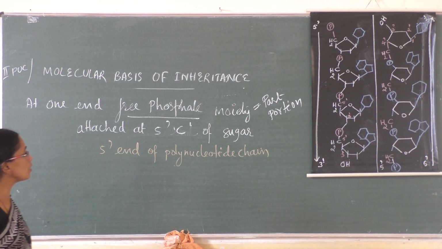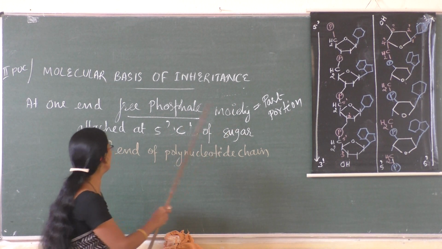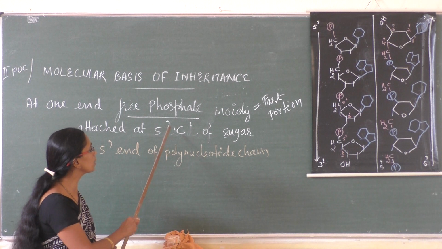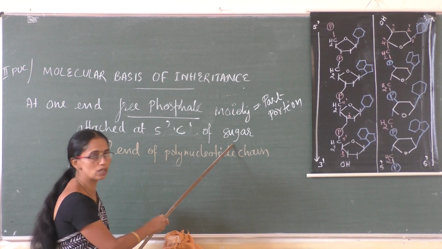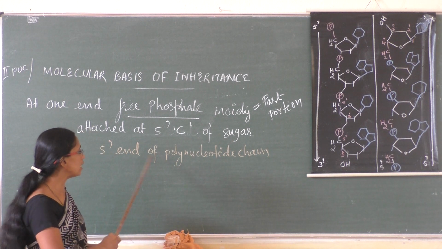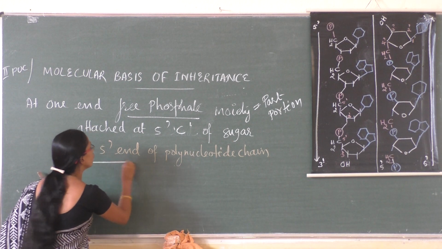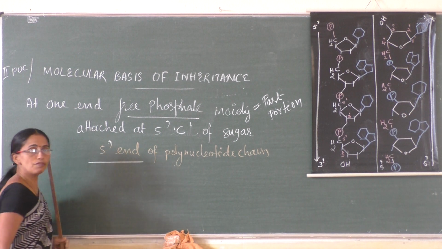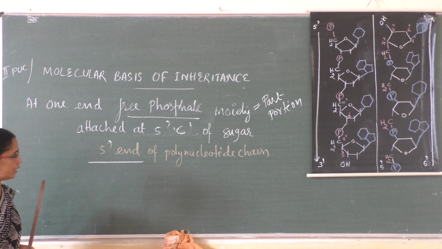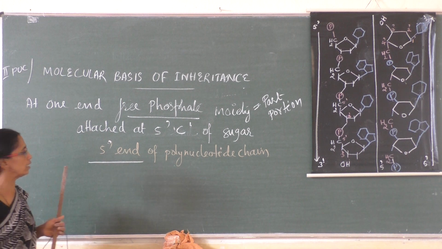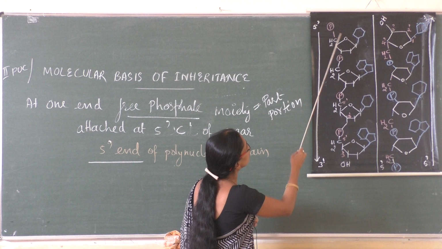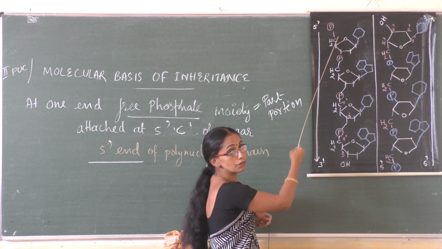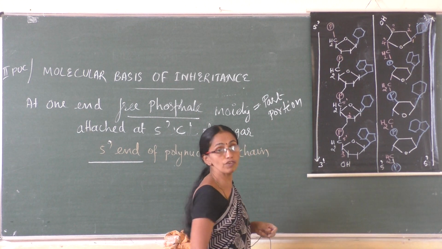At one end there is a free phosphate moiety attached at the fifth prime carbon of deoxyribose sugar. That end is referred to as the 5 prime end of the polynucleotide chain, which I showed here. This 5 prime refers to this fifth prime carbon of the sugar.